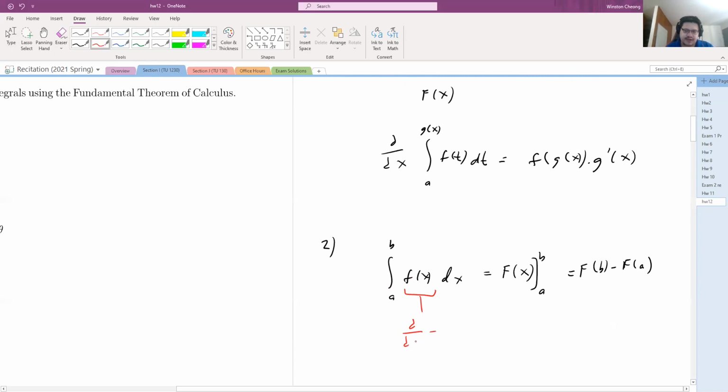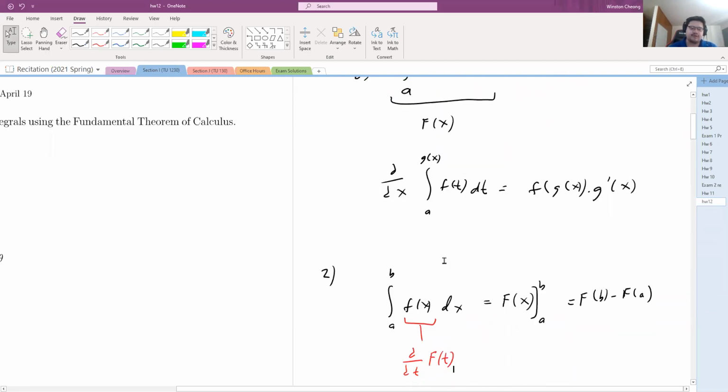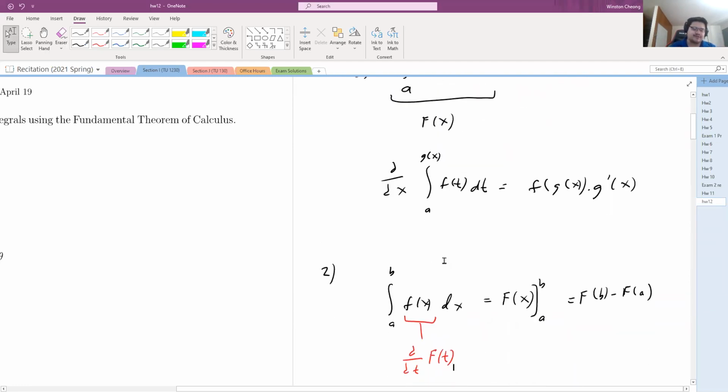So if you recast this in terms of that, you can see that it's the integral of a derivative of a function this time around. So these two are kind of like saying: what happens if you're taking the derivative of an integral, and what happens if you're taking the integral of a derivative. That's kind of what FTC is about. But really part 2 is used everywhere for when you're evaluating an integral.